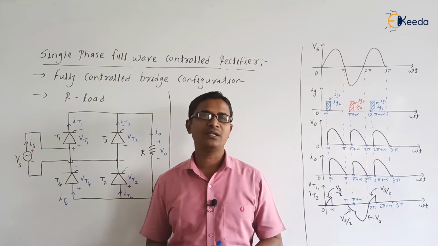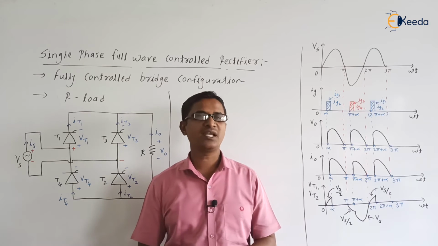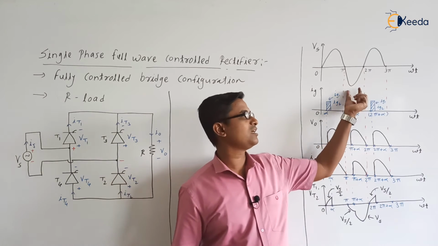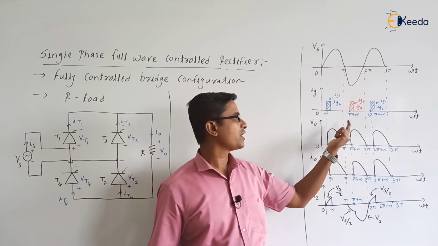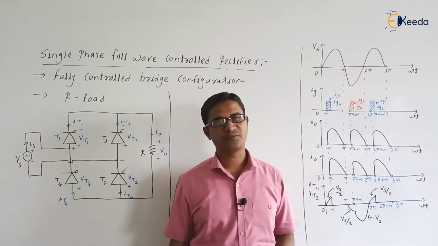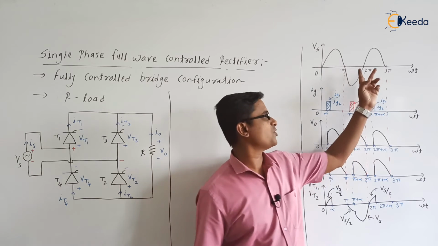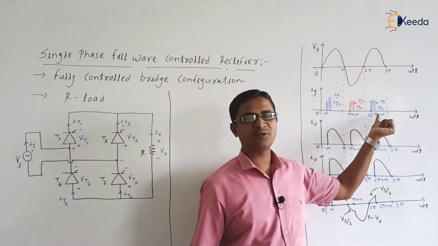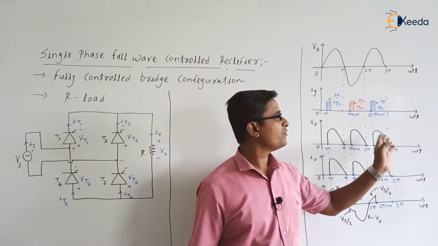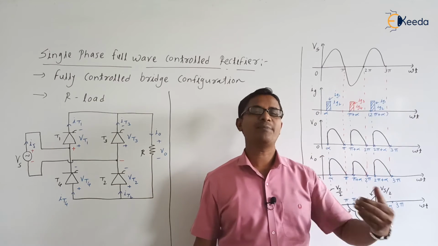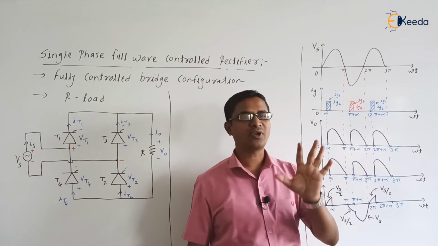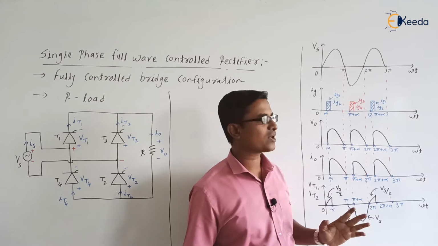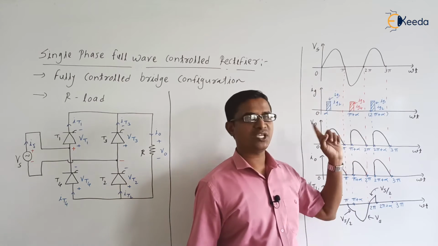So when the supply voltage is negative, thyristors T3, T4 are in the forward bias mode, so the gate pulse is applied to thyristors T3, T4. Similarly, when Vs is positive, Ig1, Ig2 are applied, that is, the gate pulse is applied to thyristors T1, T2. When Vs is negative, the gate pulse is applied to thyristors T3, T4, and so on. Are you getting the point? During 0 to π, Vs is positive.